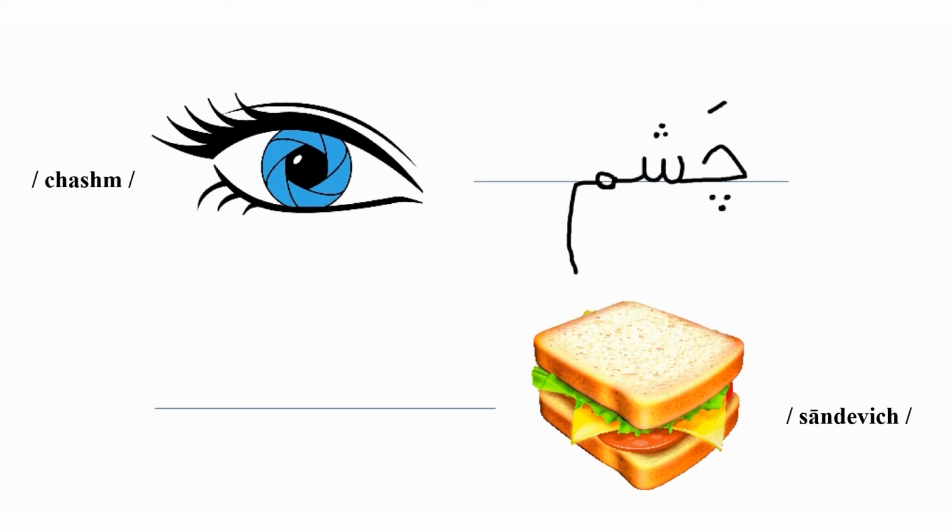So we start with se, 3 jacks, and then we connect it to a sun. We have ne, then we have de, then the short vowel e, and then comes ve.